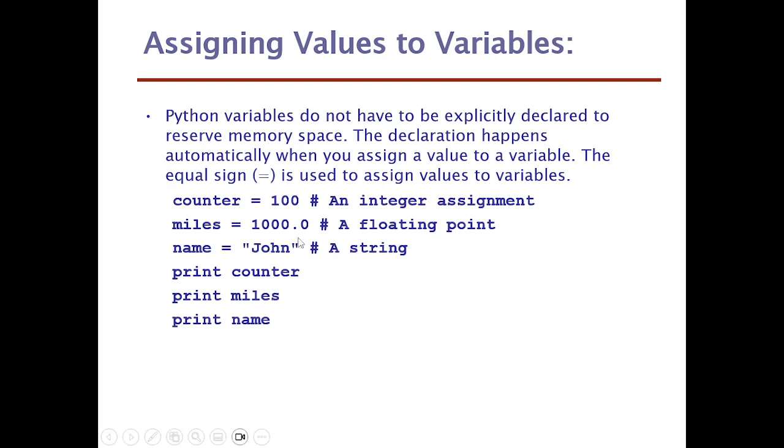As you can see, we have the decimal point, so it is a floating point. Name equals "John". John is not a character because it is a 4-letter word, so it means that it is a string. Once we print counter, print miles, print name, it will just display these assigned values. So it will display 100, 1000.0, and John for this example.